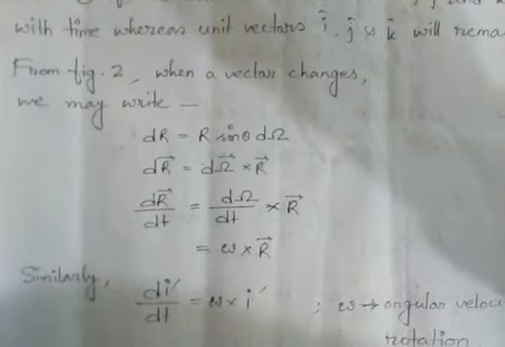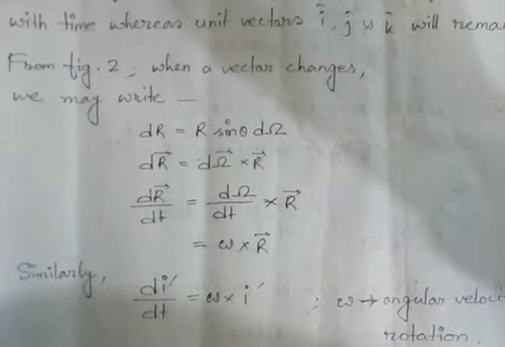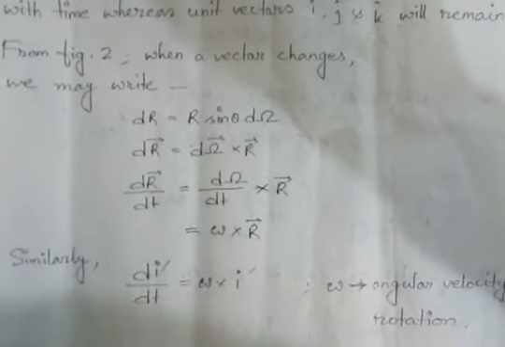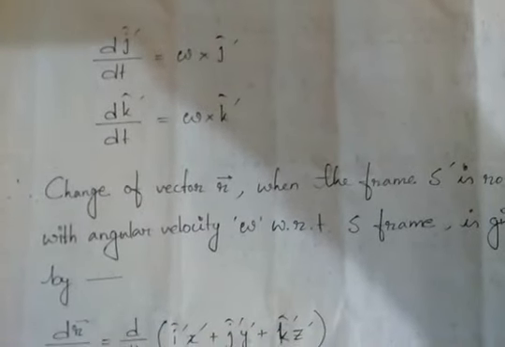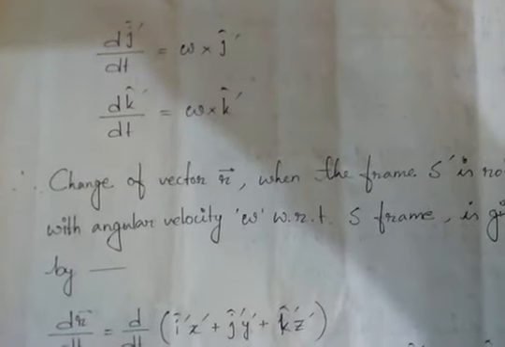Similarly, we may write di dash by dt equal to omega cross i dash, where omega is the angular velocity of rotation, dj dash by dt equal to omega cross j dash, and dk dash by dt equal to omega cross k dash.